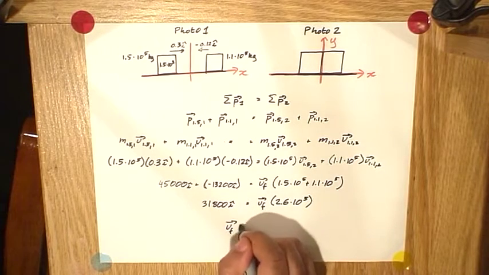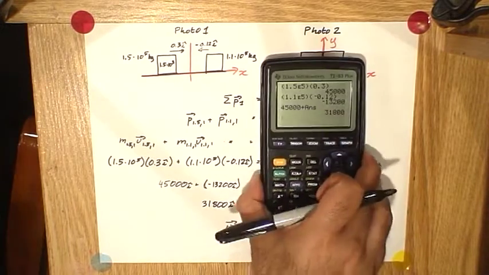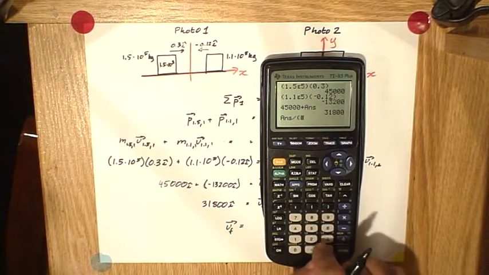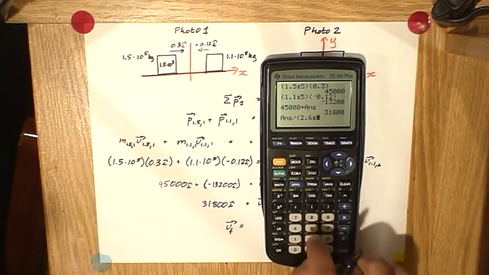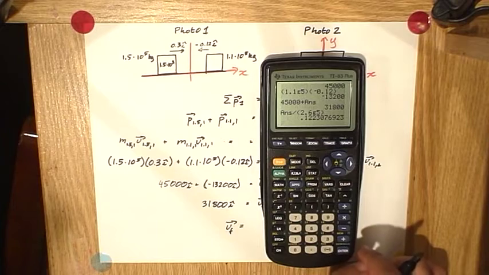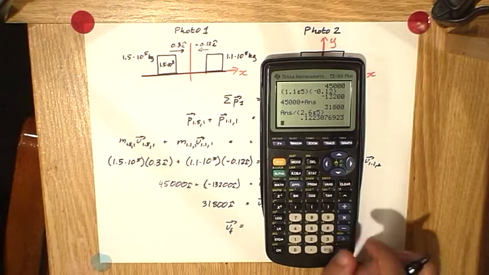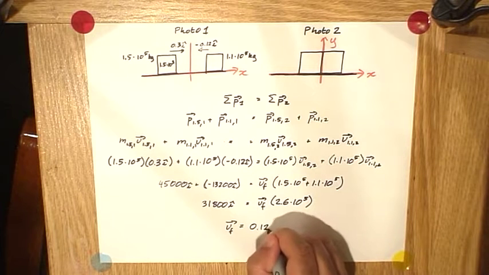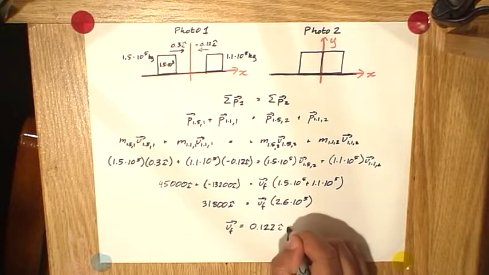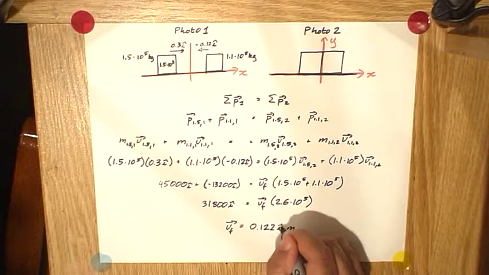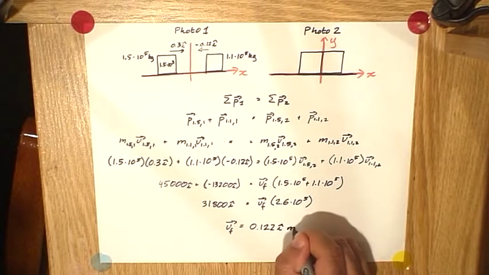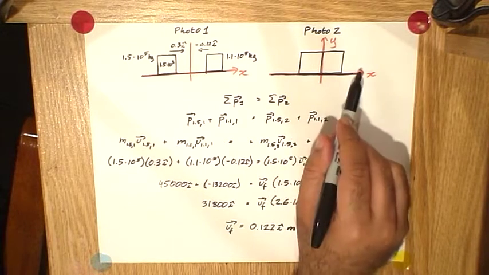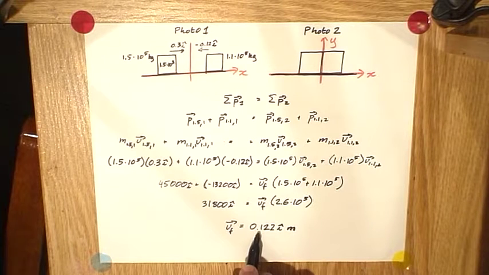The final velocity is equal to 31,800 divided by 2.6 times 10 to the power of 5, which is 0.122 i hat meters per second. So that is the final velocity of these two train cars. They're going to move at 0.12 meters per second rightwards.